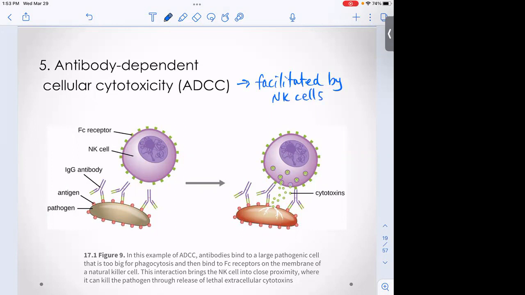Okay, so basically, these natural killer cells also have Fc receptors, and if an antibody is bound to an antigen and it recognizes that Fc portion, then that will activate the NK cell to release some cytotoxic cytokines, the same ones that are released by cytotoxic T cells that we'll talk about later, that can act on the pathogen and kill it directly. Okay, so the antibody can mediate the killing of pathogen by natural killer cells.